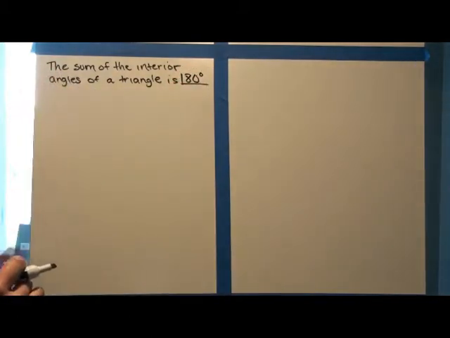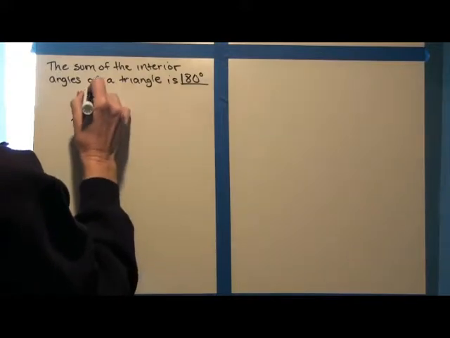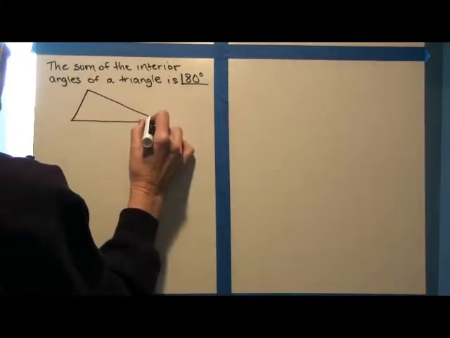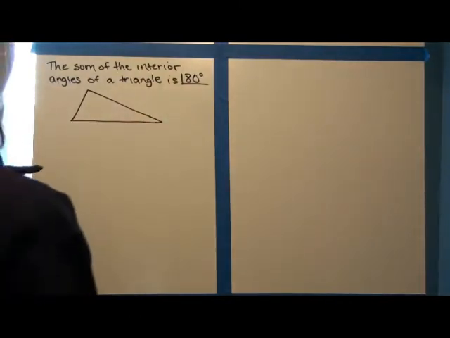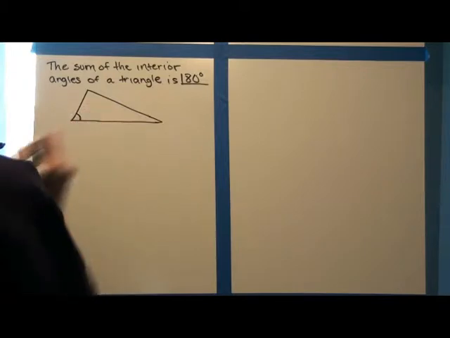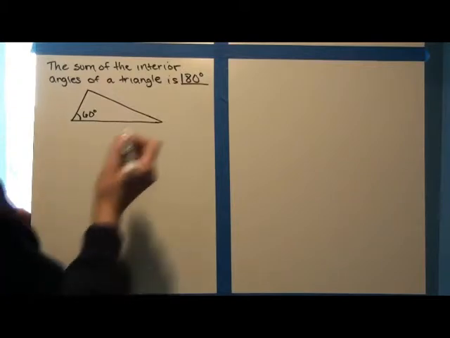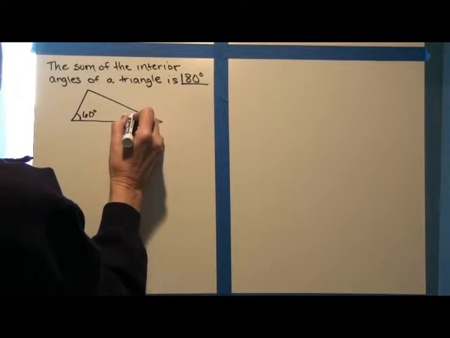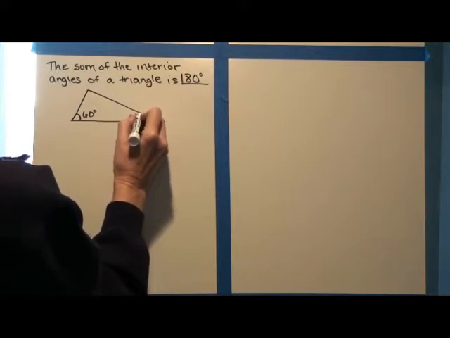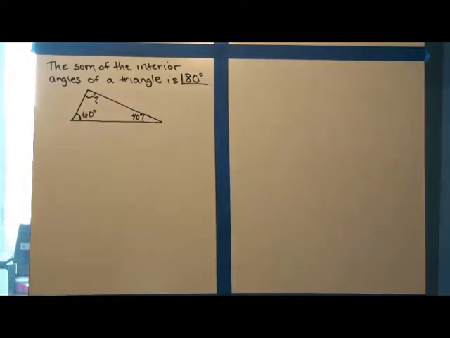We use that fact when we need to find a missing angle on a triangle. So for instance, if I have any triangle at all, it doesn't matter what the triangle looks like, if I know two of the angles, I should be able to find the third. So if I said this angle right here was 60 degrees, and this angle right here is 40 degrees, I could then find the missing angle up on the top.